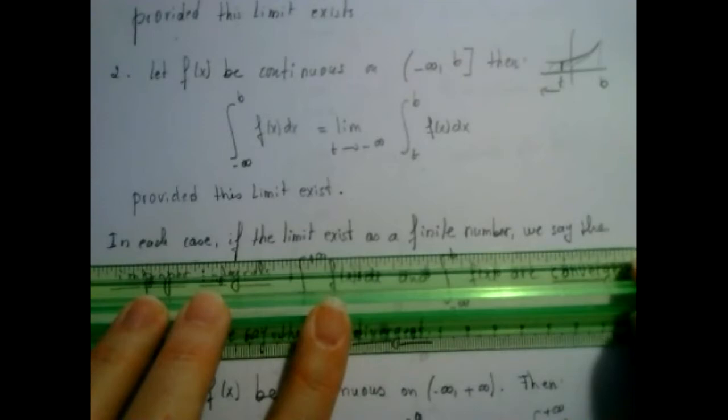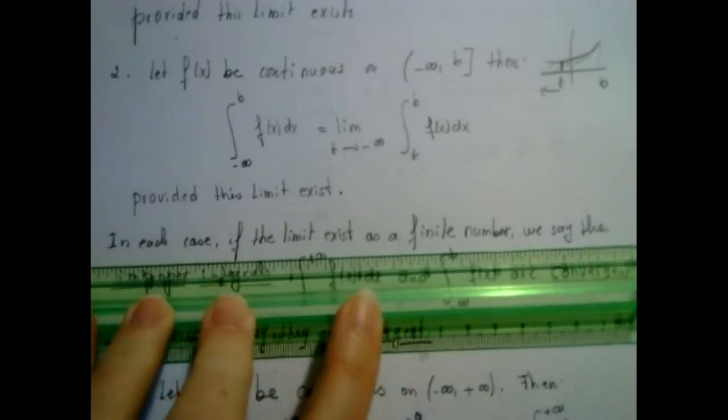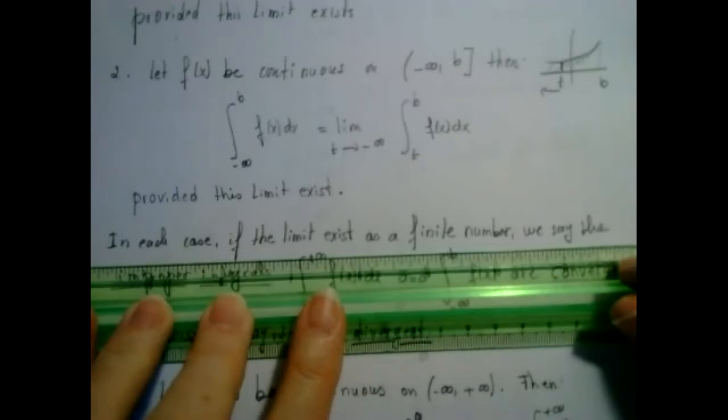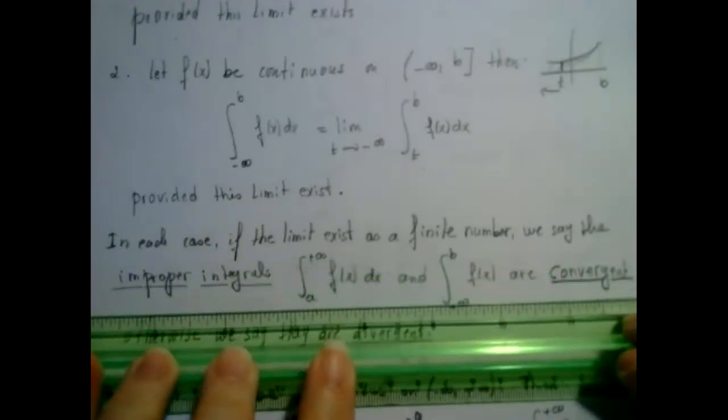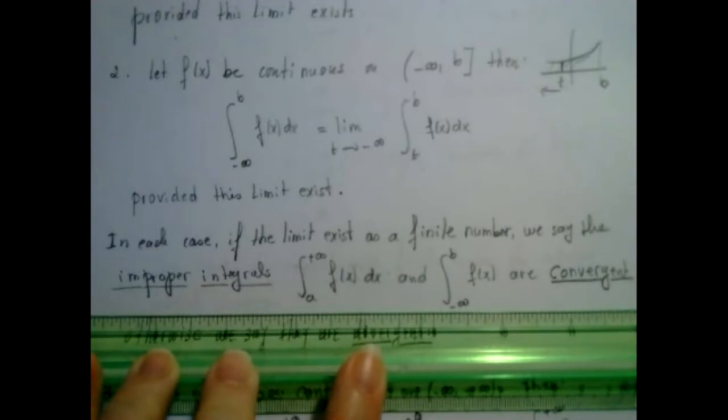In each case, if the limit exists as a finite number, remember we're computing the limit and the limit may not exist, then we say that the improper integrals, the integral from a to plus infinity and the integral from minus infinity to b, are convergent.